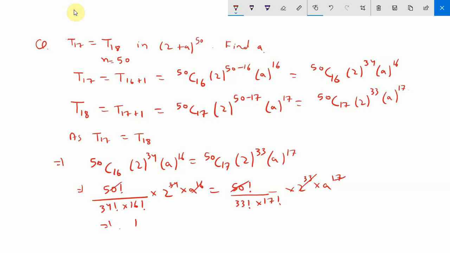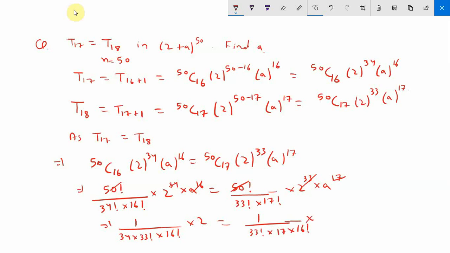So now we can write 1 by 34 into 33 factorial into 16 factorial into 2 equal to 1 by 33 factorial into this 17 factorial, which we can write as 17 into 16 factorial.